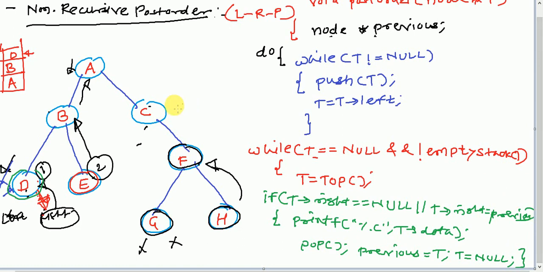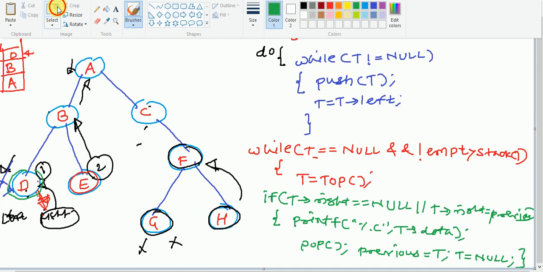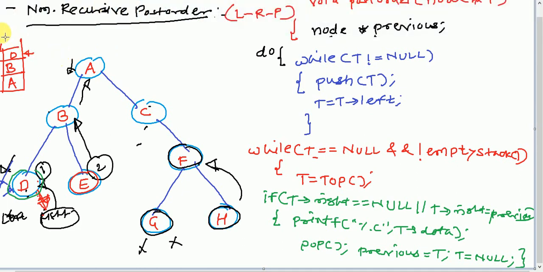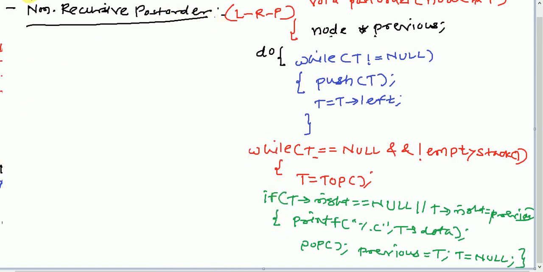Now for the else part, I'll remove this tree here and write the else part. Afterwards, again I'll draw the tree. So else, if we have not visited the right child, or the right child is not null, what are we supposed to do? T is equal to T of right. We're supposed to go to the right path of it.